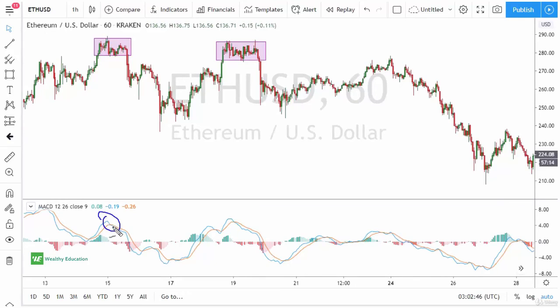You can see we got a crossover here, signal crossover in the MACD on both times. And then by the time we broke down, we were starting to scream towards the zero line. So that would have been something that would have caught your attention. Furthermore, on the second one, this would have been an area where we had seen resistance recently.